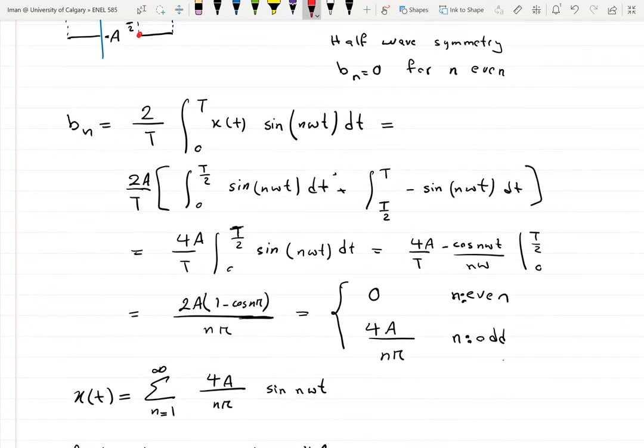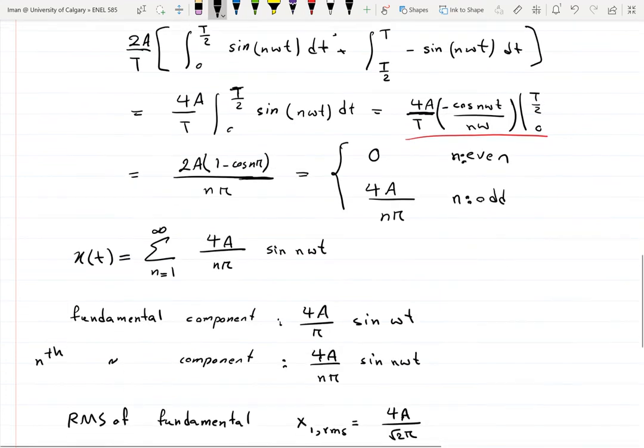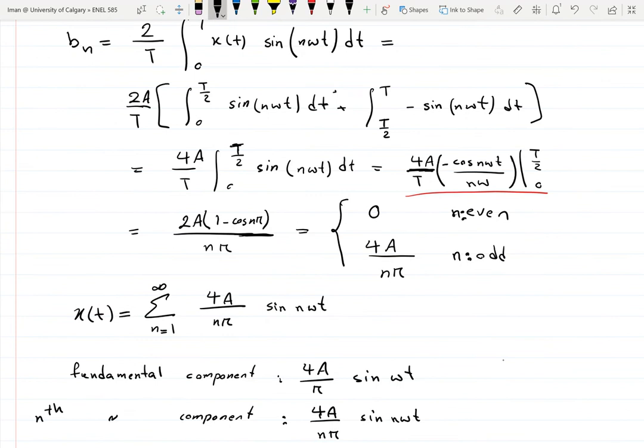So 2 times 2a divided by T would be 4a divided by T, and the integral from 0 to T over 2 of sine of n omega t, and then you can find it as this guy here. This is a multiple of a, and when you do the calculations, you end up with 2a times 1 minus cosine of n pi, divided by n pi.